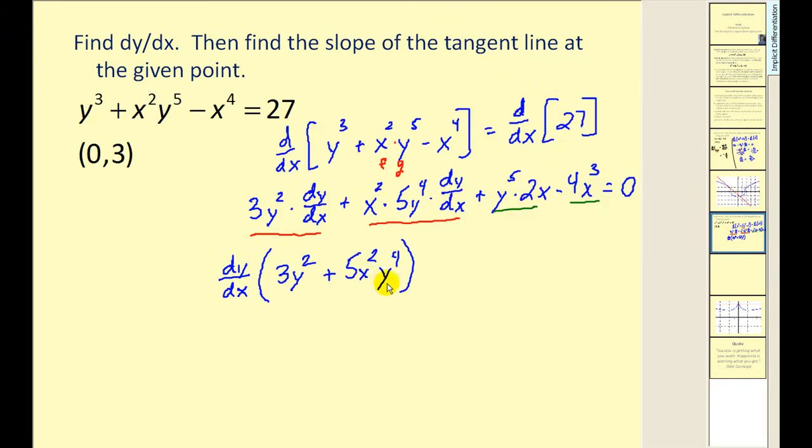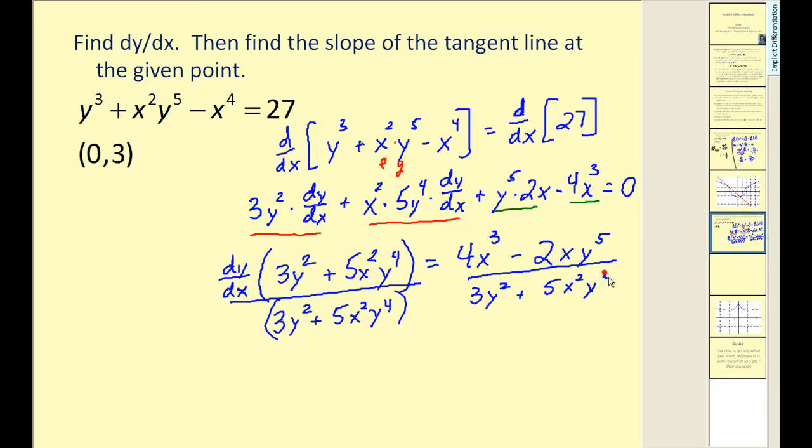So these are the terms that had dy dx in them. And since I'll be moving these terms to the right side of the equation, I'd have a positive 4x cubed, and then I'd have a minus 2x y to the fifth. Since these are connected by multiplication, the last step will be to divide by 3y squared plus 5x squared y to the fourth on both sides. So now we simplify and we have our derivative.